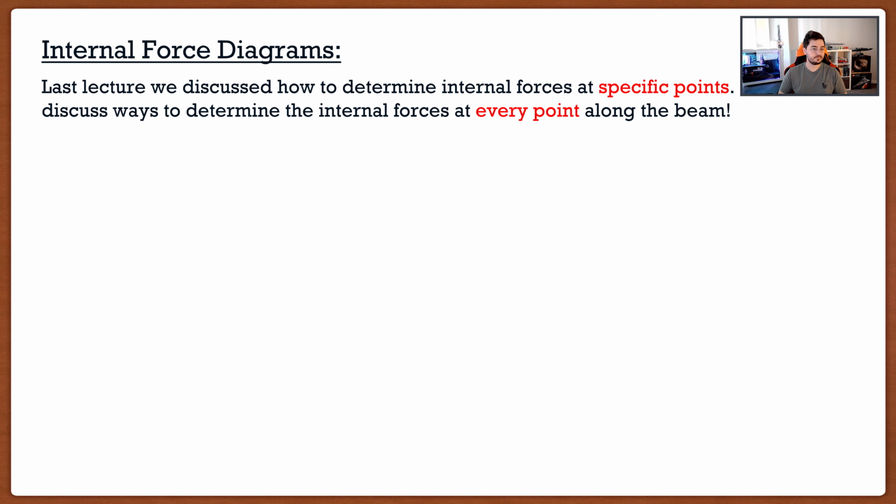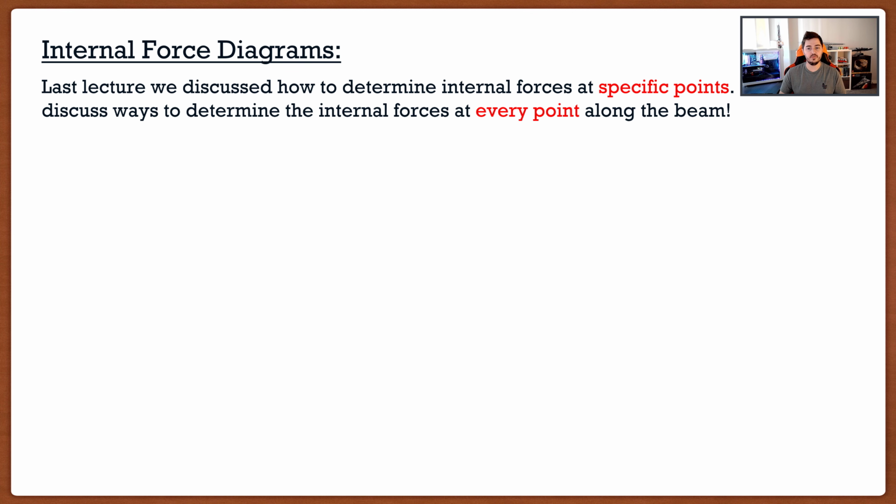So let's begin. All right, so internal forces. Again, last lecture, we discussed the idea of beams and how they have three internal forces, that being the axial force, the shear force, and the bending moment. And then we took it a step further and we solved for these at very specific points. And we said, okay, that's great, but how do we know if that's the critical point?